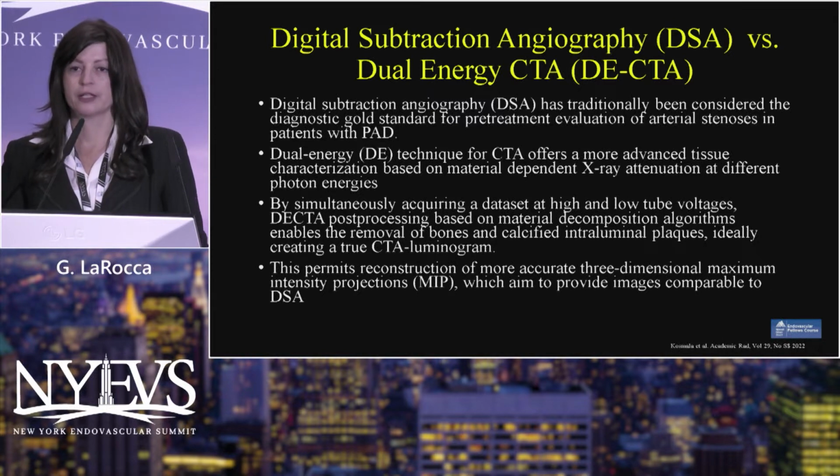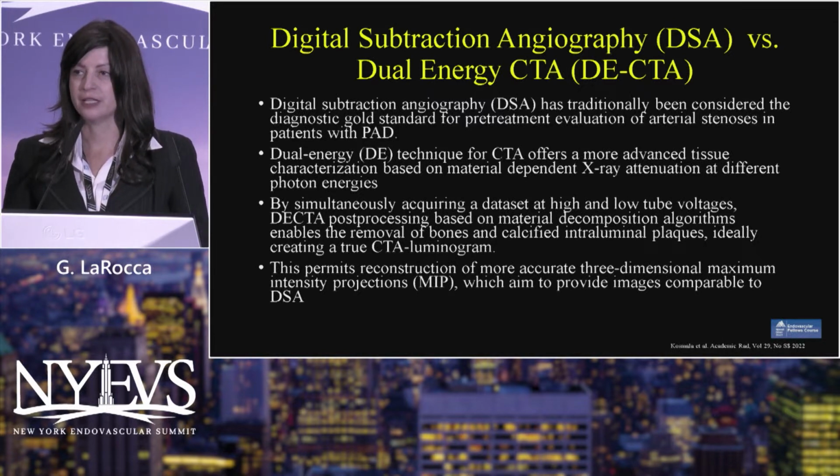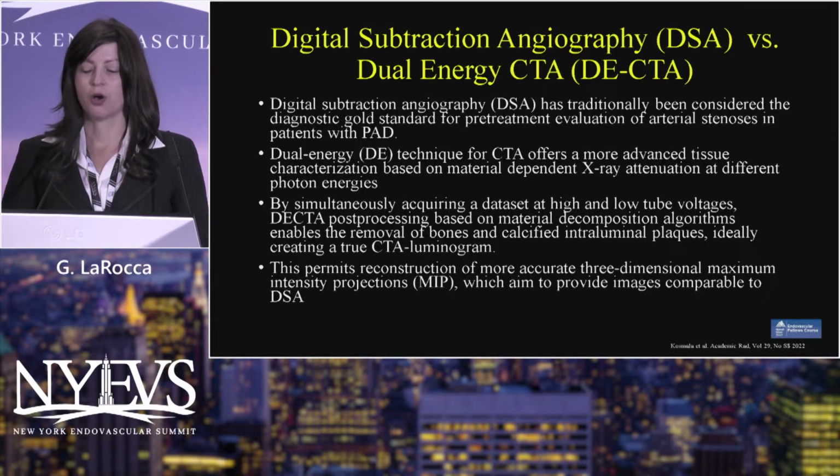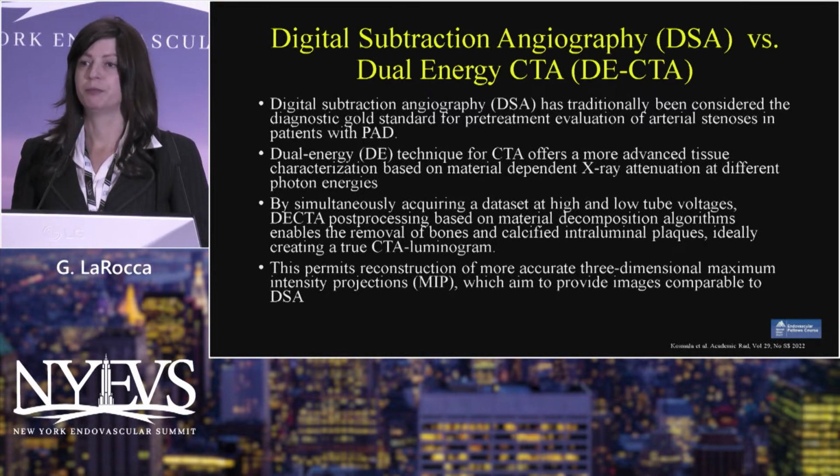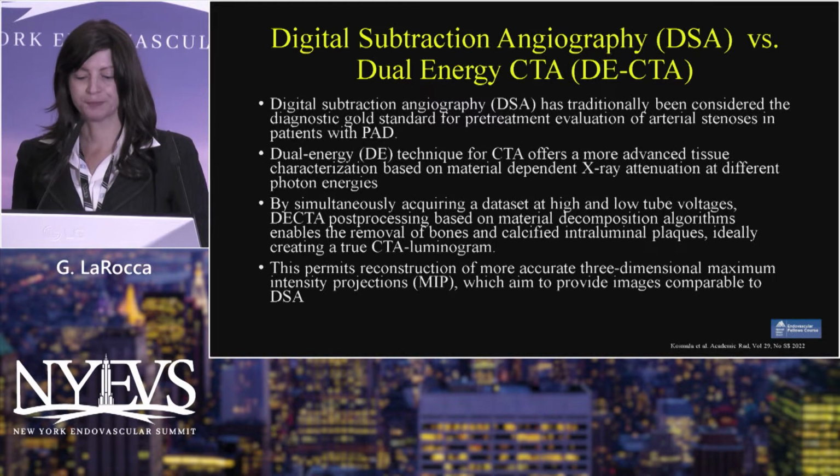However, we're looking at something called dual energy technique for CTA, and this actually offers more advanced tissue characterization based on material-dependent X-ray attenuation at different photon energies based on different tissue characteristics.